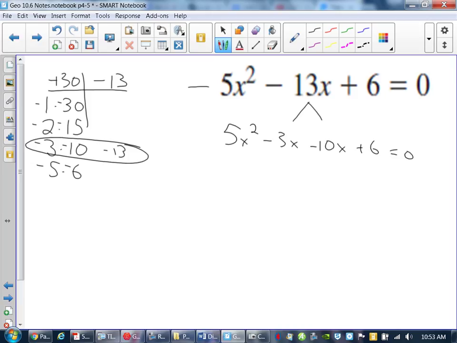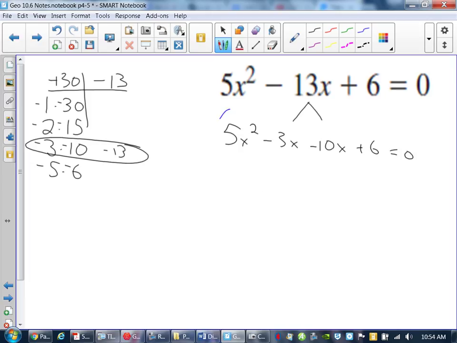Because now, since I have 4 parts to the problem, I can group them in pairs. That's the trick when this first number is not a 1. When that's not a 1, you break it into 4 parts.